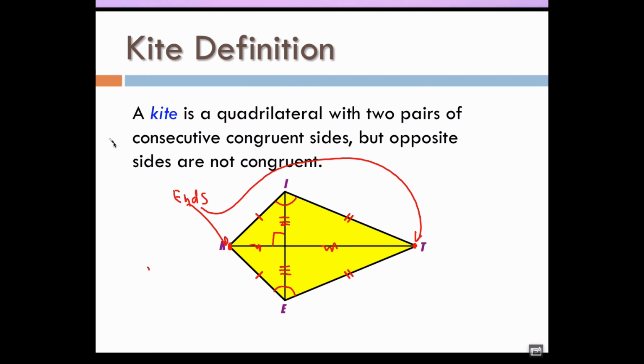Isn't angle IKT congruent to angle TKE? This angle is congruent to which one? The one next to it. However, before we make a statement about that, do you think that this angle is congruent to this angle?